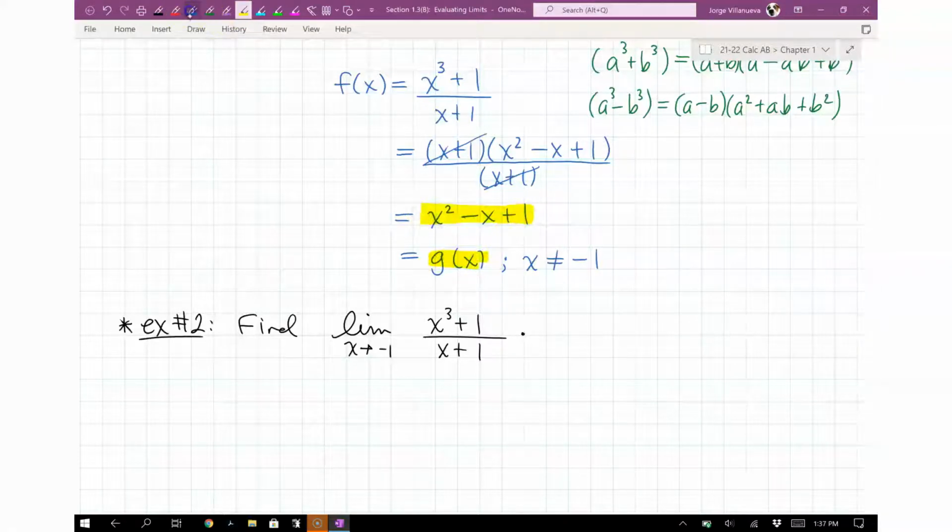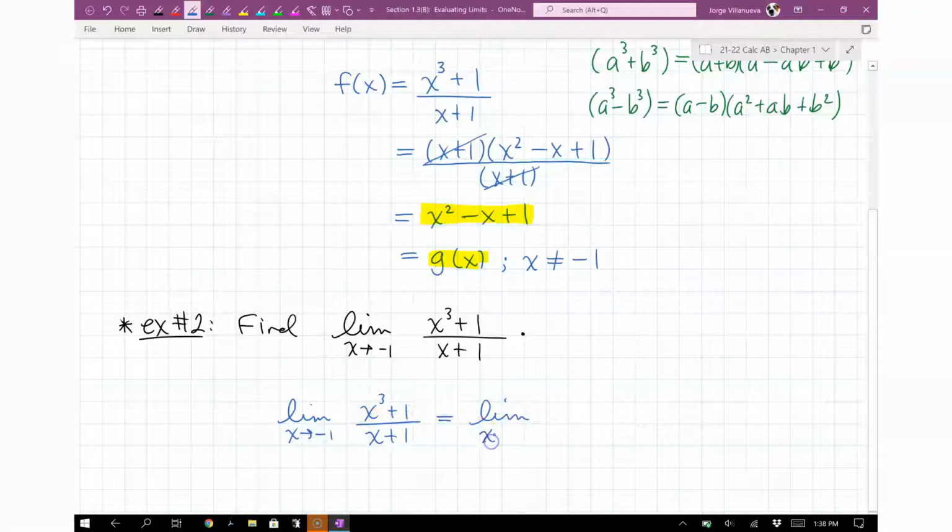So the limit as x approaches -1 of x cubed plus 1 over x plus 1 is equal to the limit as x approaches -1 of x squared minus x plus 1. Because remember, that's what we proved, right?